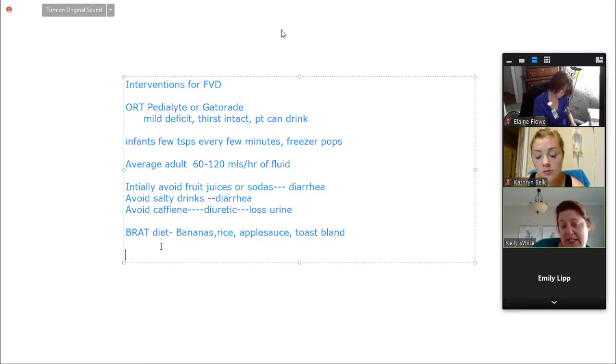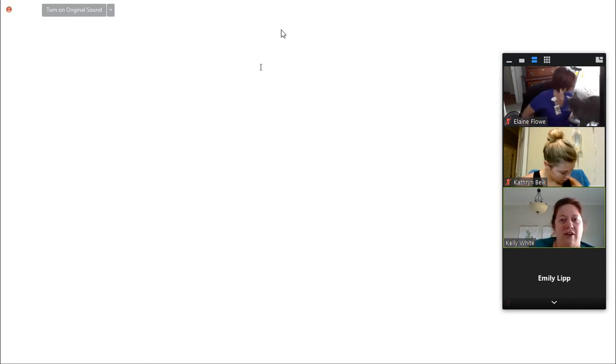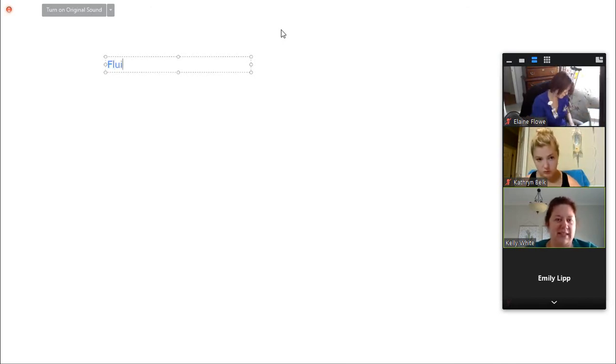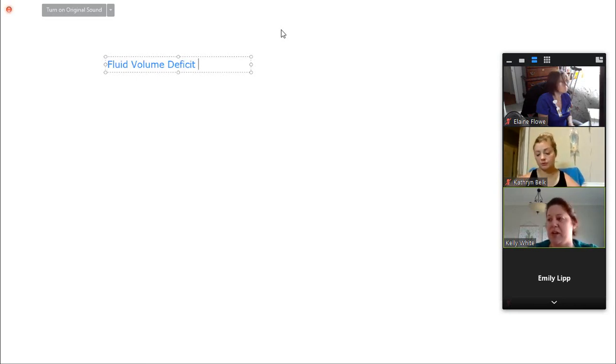Any questions up to this point before I get into the fluid treatment, because it can get confusing? Nope. All right. So we have our fluid volume deficit. And we are going to say they are super dehydrated and they're not able to hold any kind of POs down. They're not able to take any of the Gatorade or whatnot.